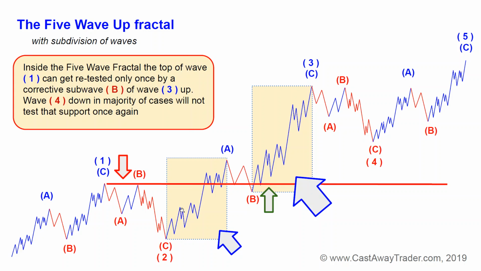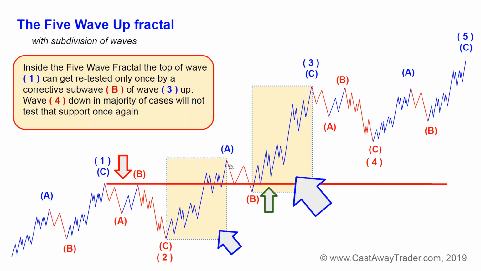The very important topic of this lesson is just to explain to you what an overlapping structure is. This is the 5 wave up impulsive structure, and under the 5 wave up impulsive structure, after the first push up in ABC, which can be labeled as wave 1, followed by a pullback making ABC down and making a higher low, we label that as wave 2.